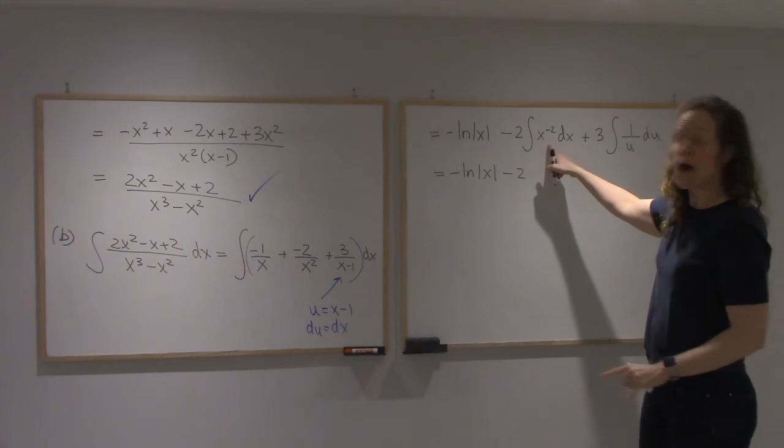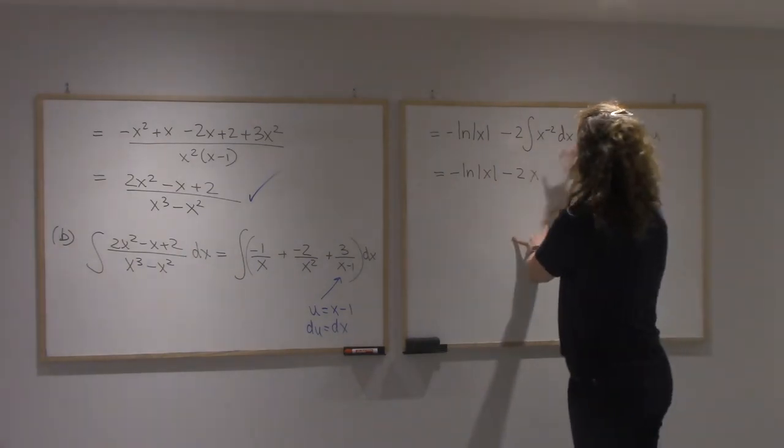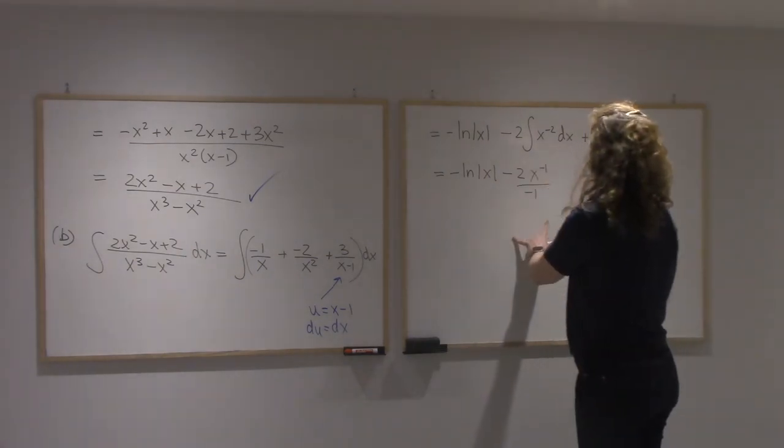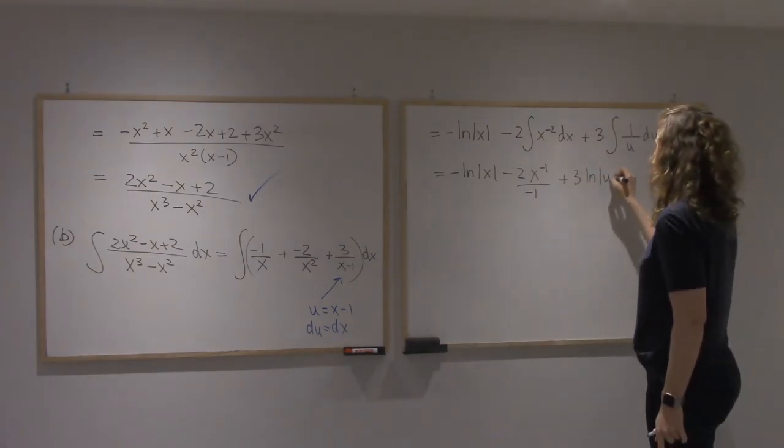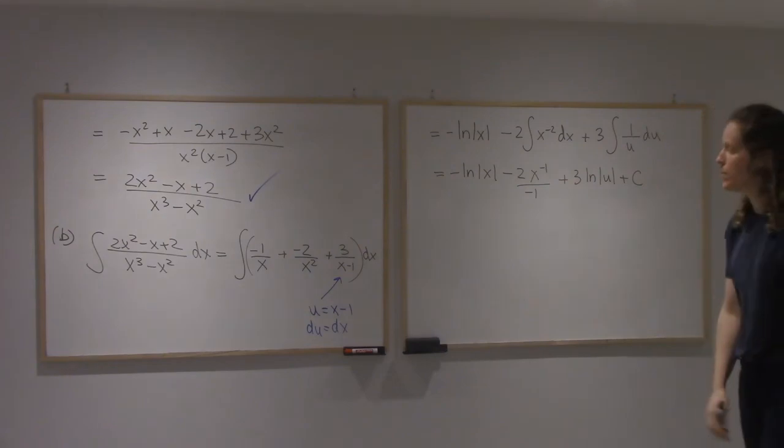That's just going to be a power rule, x to the minus 2 plus 1 over minus 2 plus 1, plus 3 log of absolute value of u.